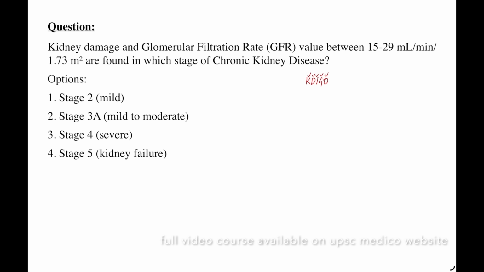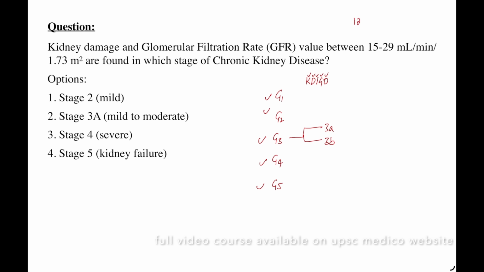It has been divided into G1, G2, G3, G4, G5. I'm referring to the stages. Stage 1, stage 2, stage 3, stage 4, stage 5. You know, stage 3 is again divided into stage 3A and stage 3B. Now, the normal value is somewhere around 120 to 90.